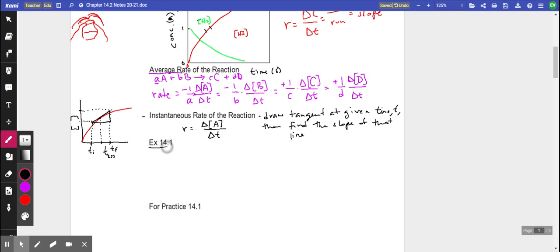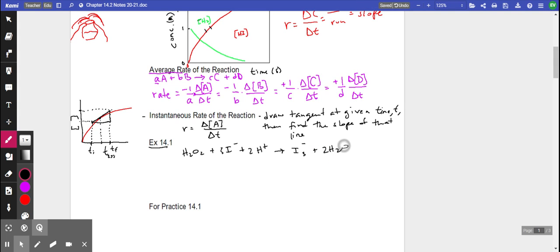Example 14.1, this is found on page 627, and it says we have the reaction of H2O2 plus 3I negative plus 2H plus yields I3 negative plus 2H2O.